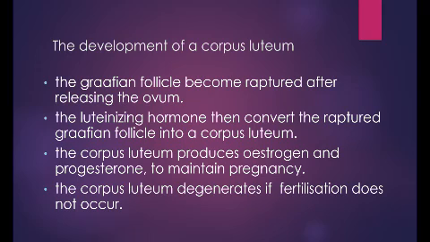Then we're going to have the luteinizing hormone, which will convert the ruptured Graafian follicle into a corpus luteum, whereby we are going to have the corpus luteum producing some hormones such as estrogen and progesterone, which maintains pregnancy. So we need to know that if fertilization does not take place, then our corpus luteum will degenerate.